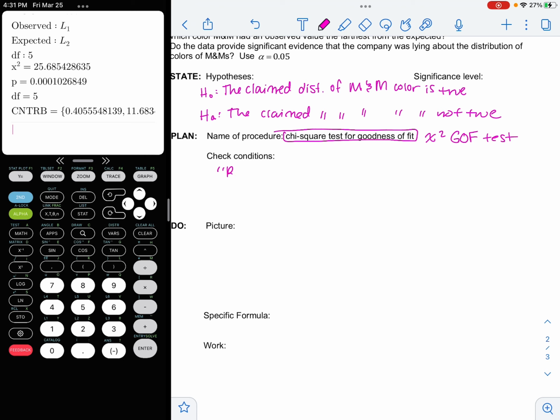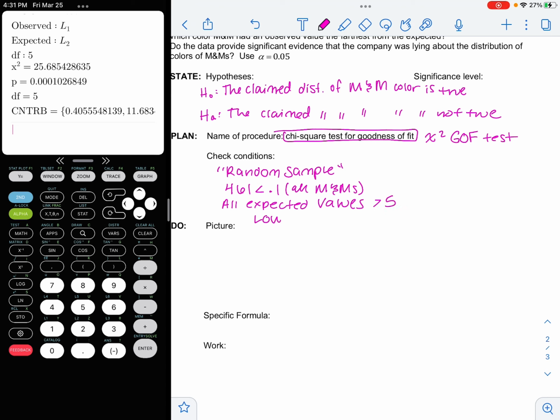So it says that it is a random sample of M&Ms. The 10% condition, 461, is less than 10% of all M&Ms. And then for large counts, we are testing all expected values are greater than 5.